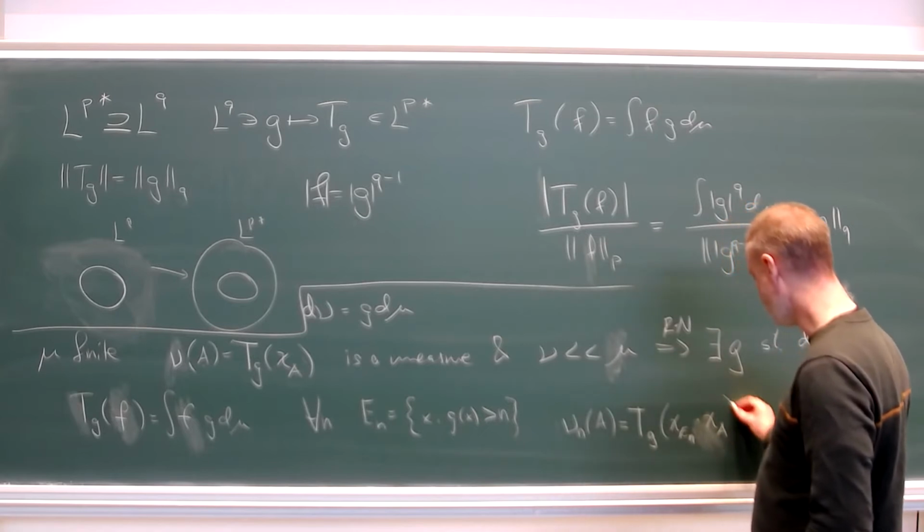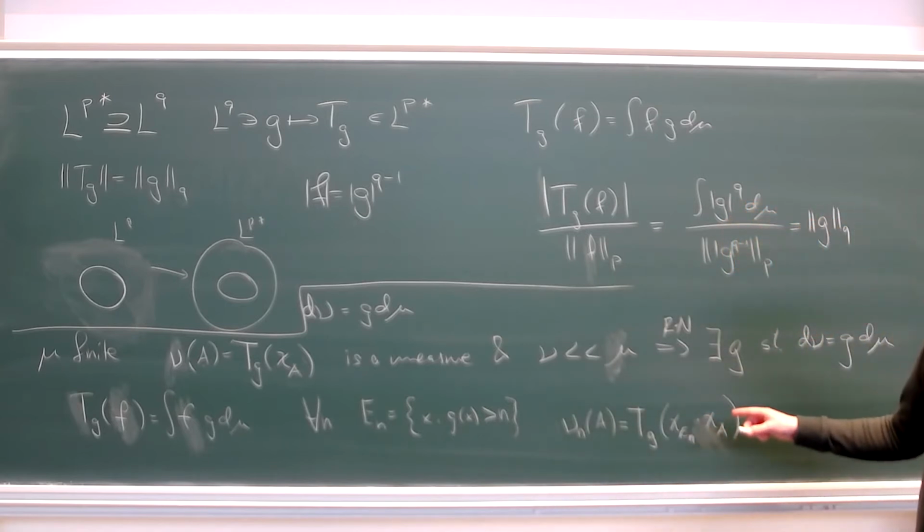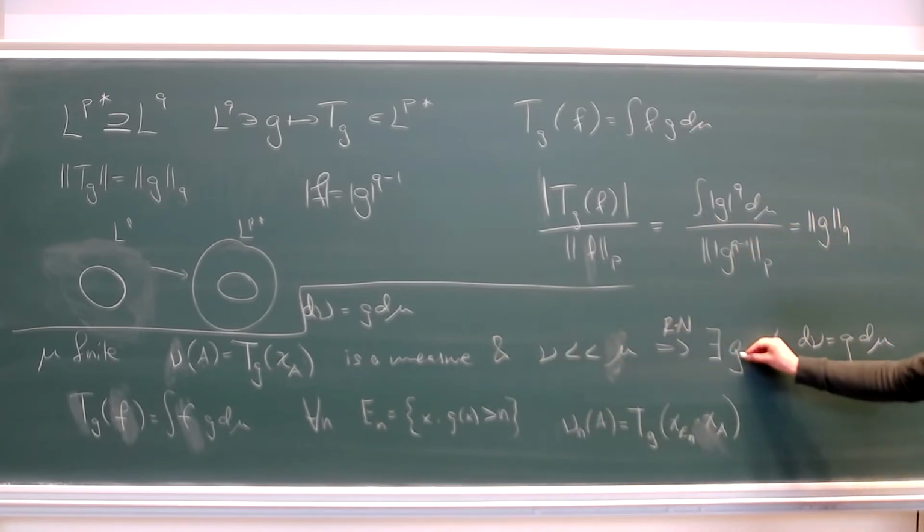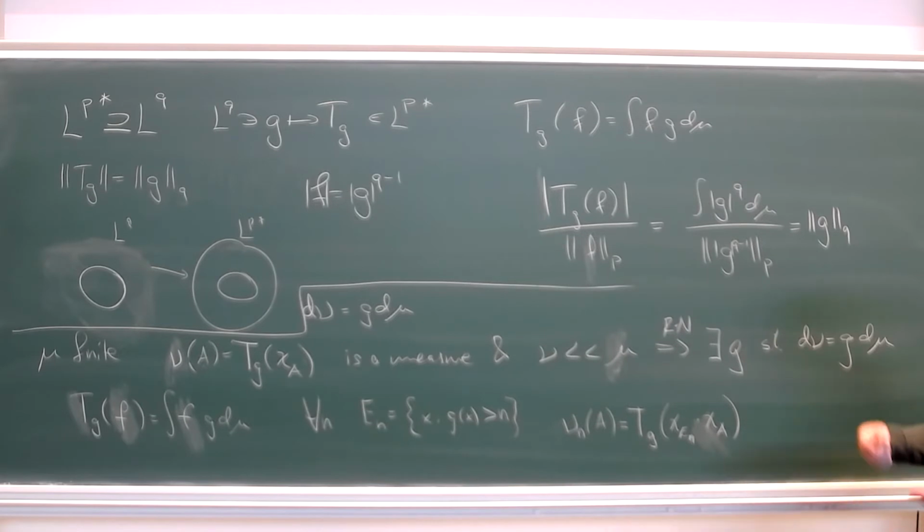Okay, so that's the same thing. Now, you go through the whole argument again. So this gives you a function which we can call Gn. But of course, g and Gn are going to be the same almost everywhere on the set En, right? The sets En grow, so you get a sequence of functions G1, G2, and so on, such that g restricted to En is equal to Gn almost everywhere, that is, mu almost everywhere.